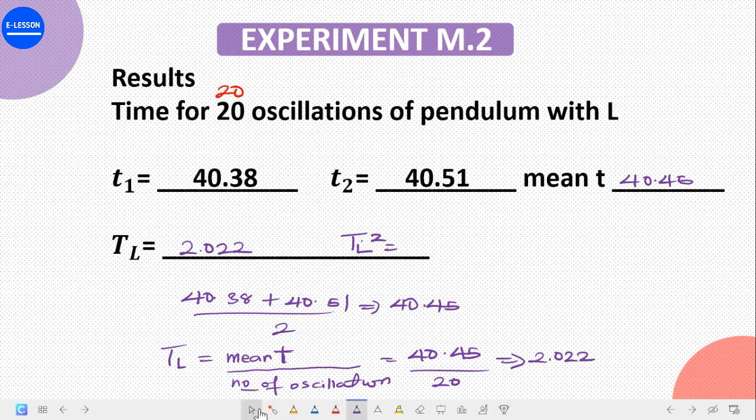When we square 2.022 to get TL squared, it's going to give us 4.091. So that is our TL squared. Now we are going to complete our table.